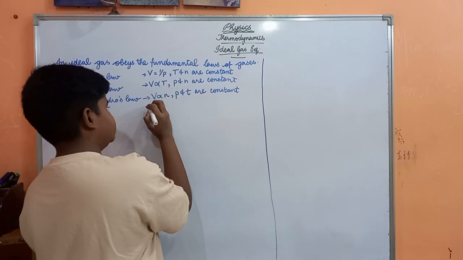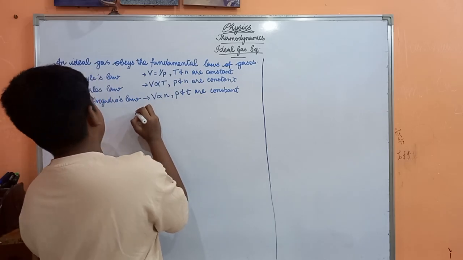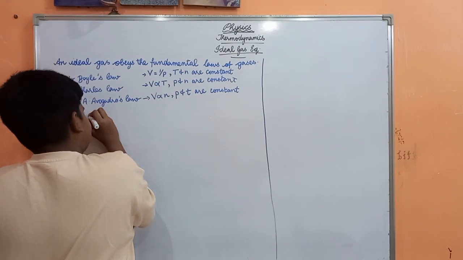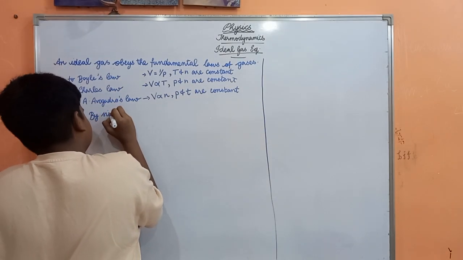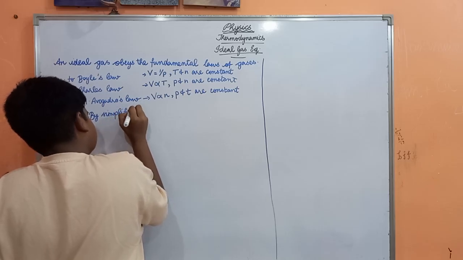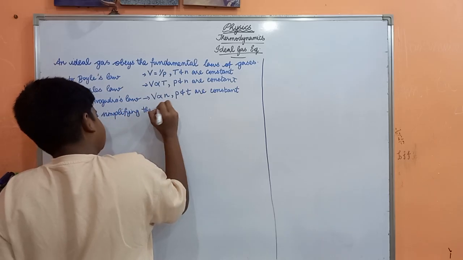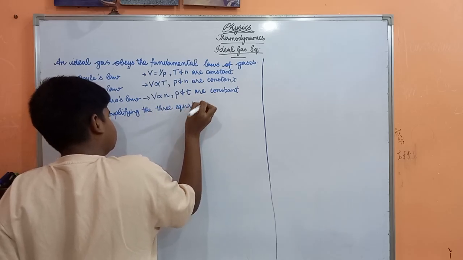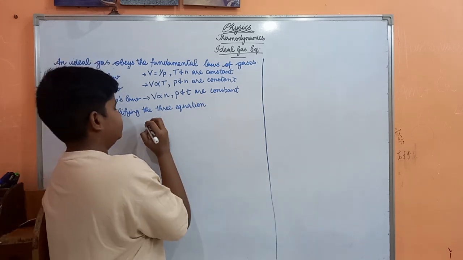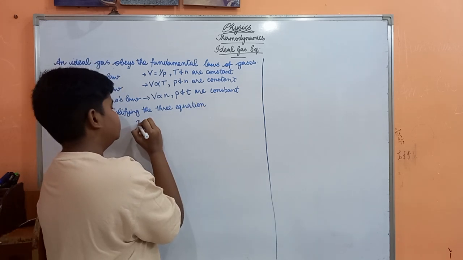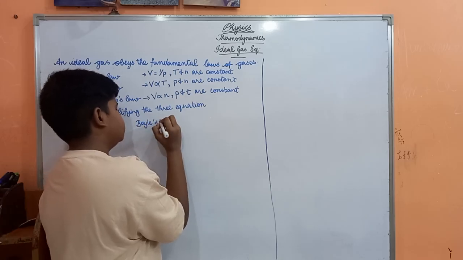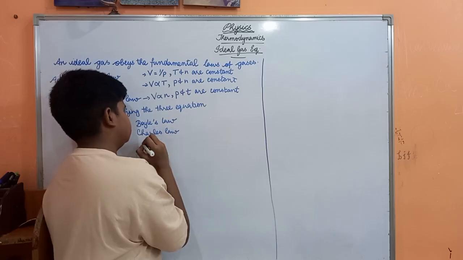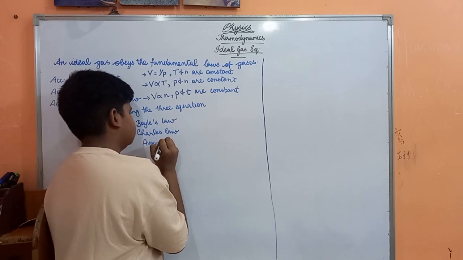By simplifying these three equations, we get Boyle's law, Charles' law, Avogadro's law.